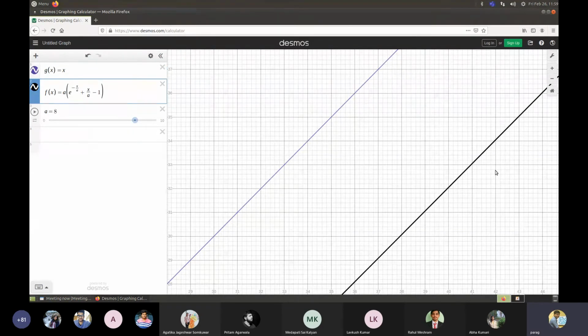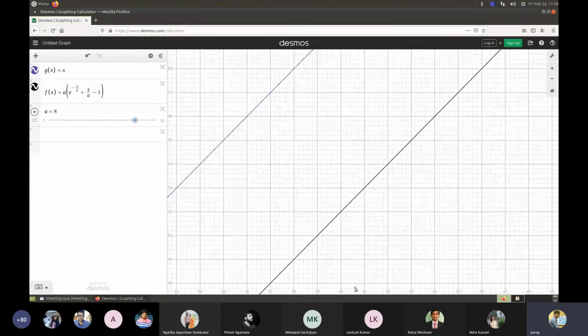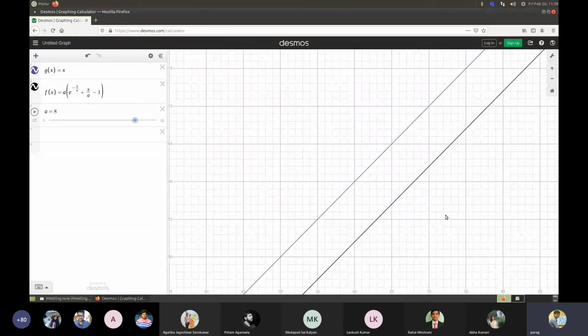So the difference between these two along the x-axis as well as along the y-axis remains constant at very large time intervals. But what happens initially?